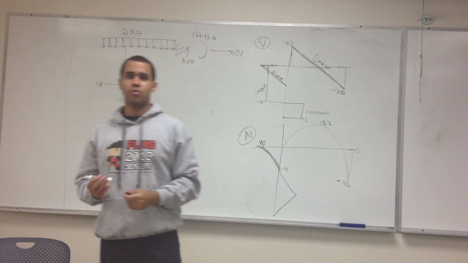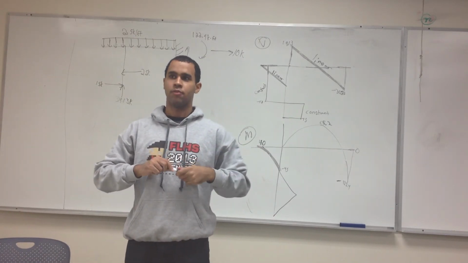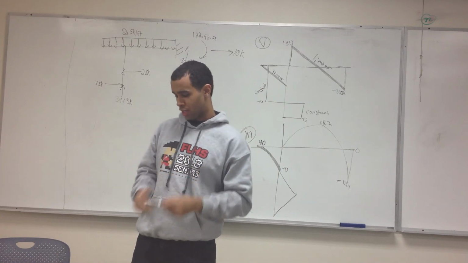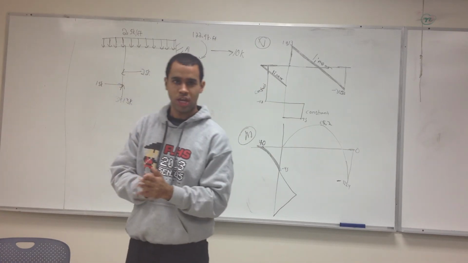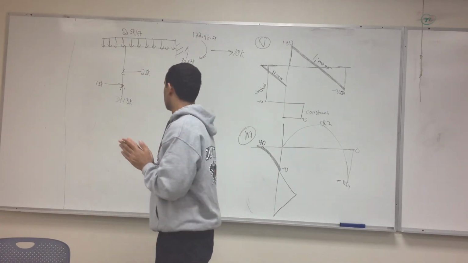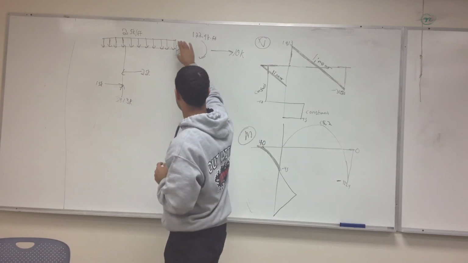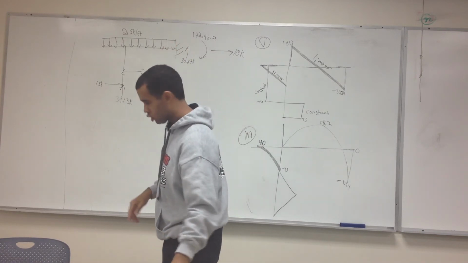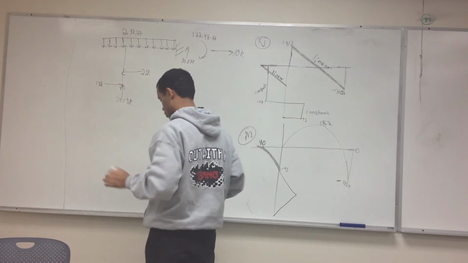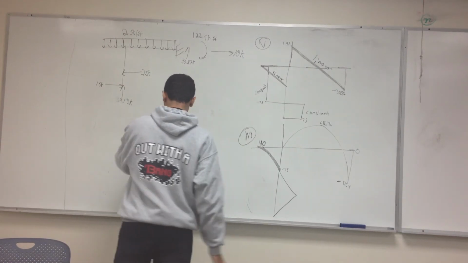For our deflected shape, there's no exact science of obtaining it, so we can use something called the cable beam analogy. And we see that this is fixed, so we once again redraw our diagram.